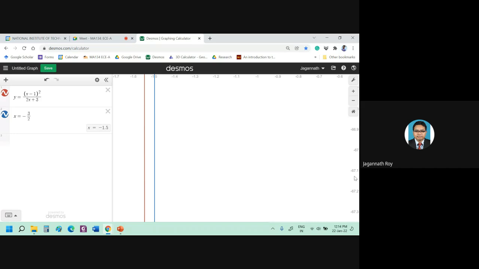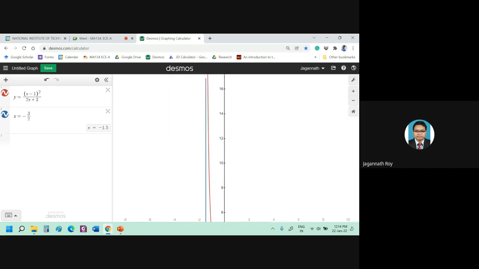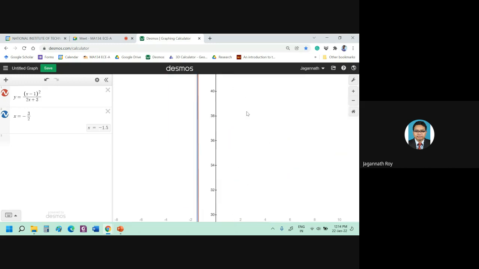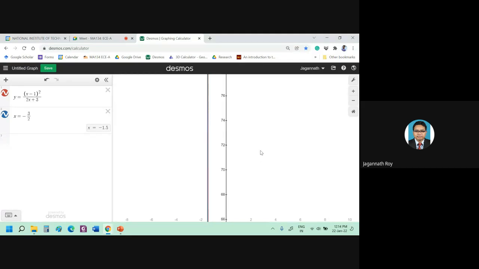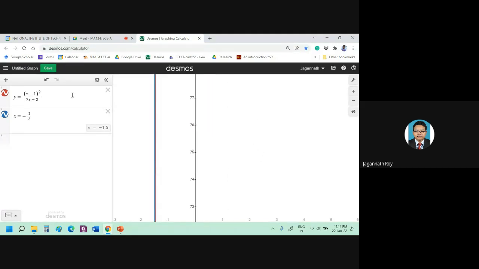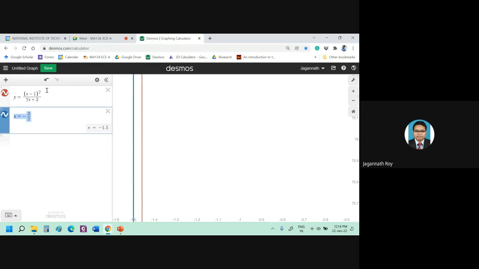So it is negative 67. Then again, if you go in the positive direction also, if you go here, 50, or maybe you can go to 100 also. There also you can see that these are not matching. So this is the asymptote of the given curve here.